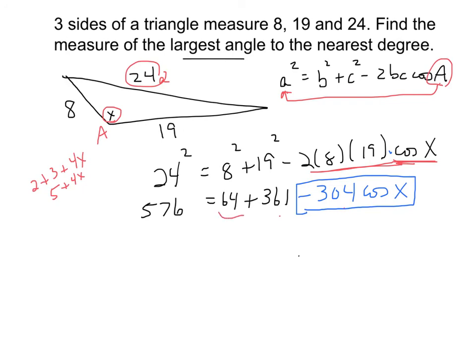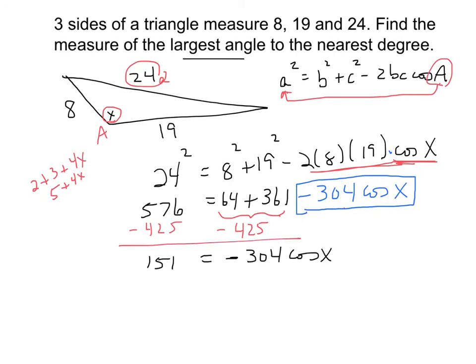So what I'm going to do is combine these. So I get 425 when I add 64 to the 361. And then I'm going to actually subtract that from both sides. 425. Because these are like terms. They're all numerical. What I'll end up with then, so I have 151 equals negative 304 cos of x.